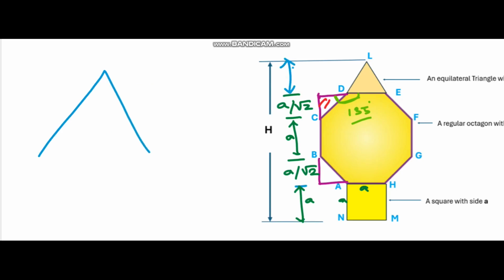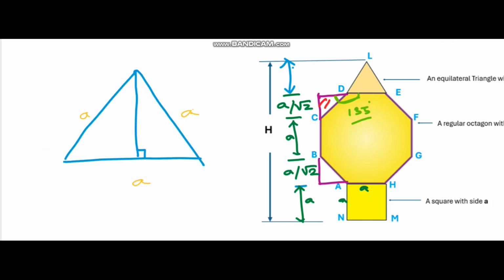So that is an equilateral triangle with side A. The question is, what's the height? Okay, sorry, it's badly drawn. This is better. So it's this height that we are after, because that's going to be equal to this height. So I'm going to call this C.